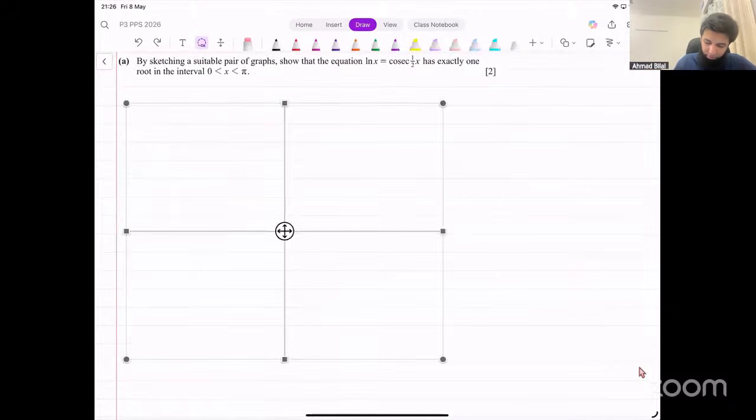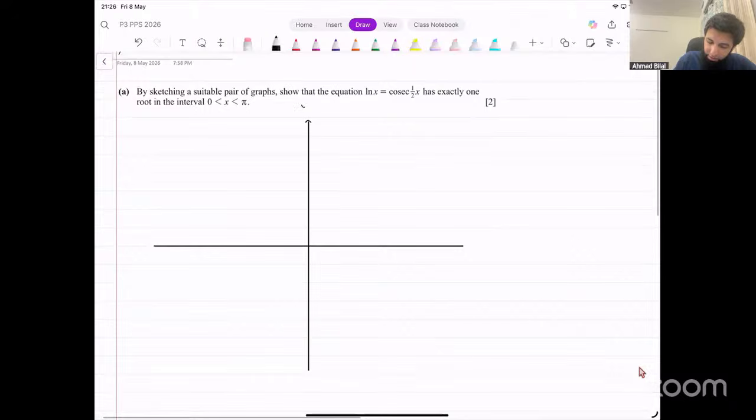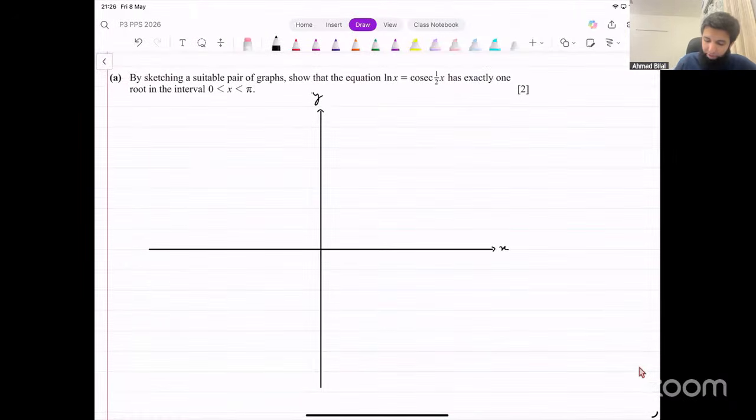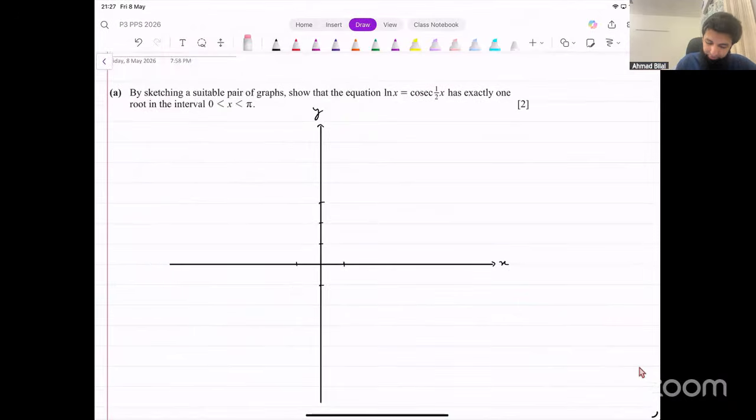Now, let's mark x and y axis like this. You'll have a blank space for this. You'll have to make your own lines. Now they're saying sketch the graph from 0 to pi. So negative part we can ignore.